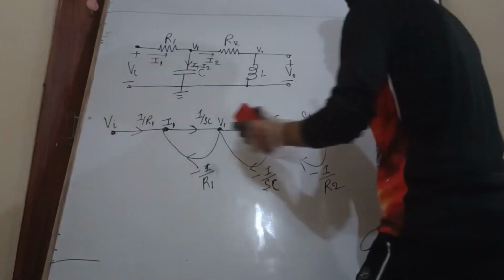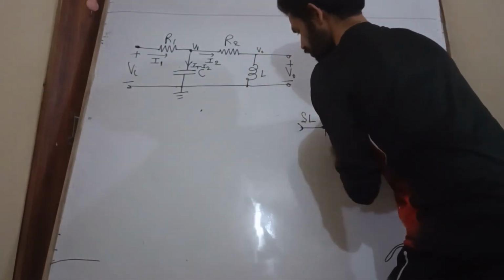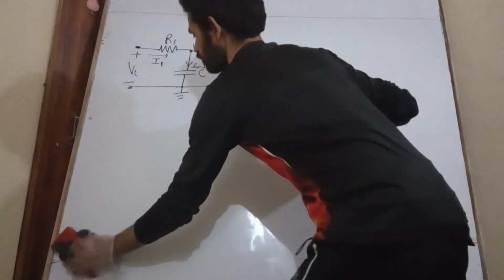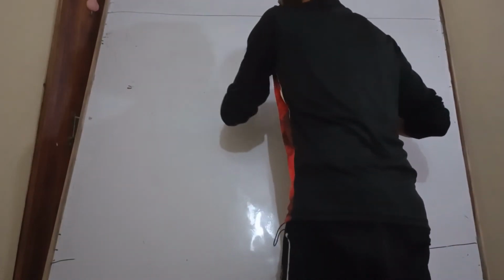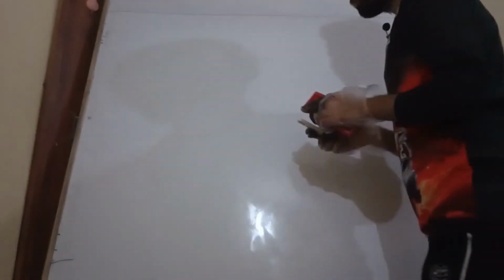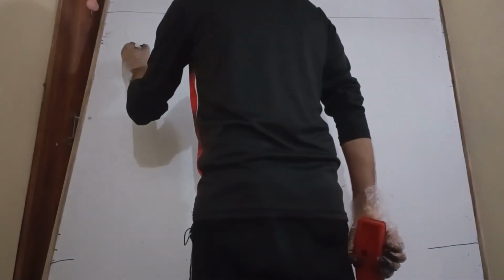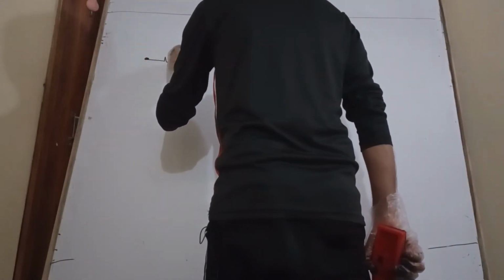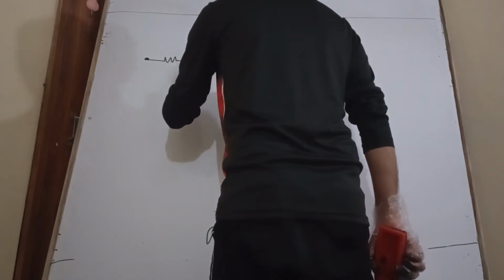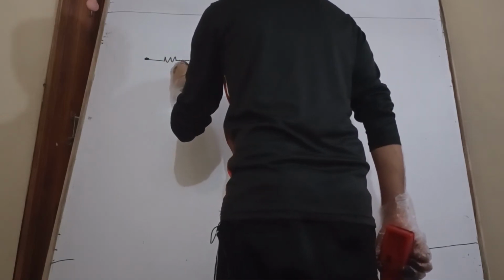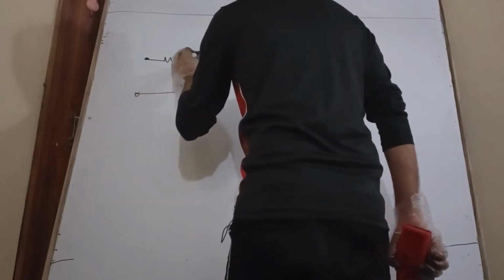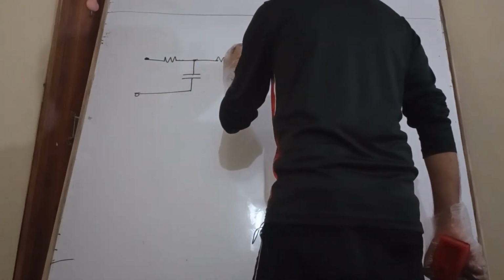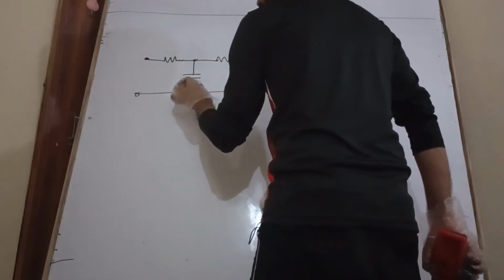Like this. Okay. So now, if you want to become more comfortable with this type of network, just write this. See, this is my resistance, this is my capacitance.